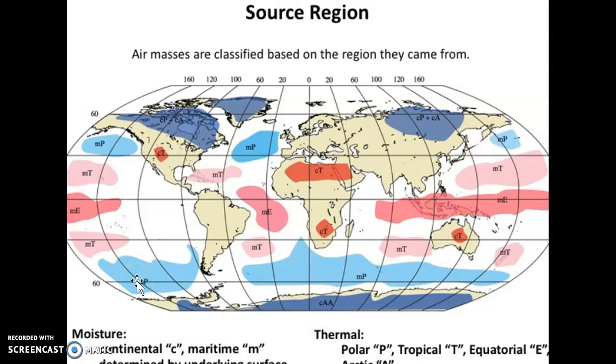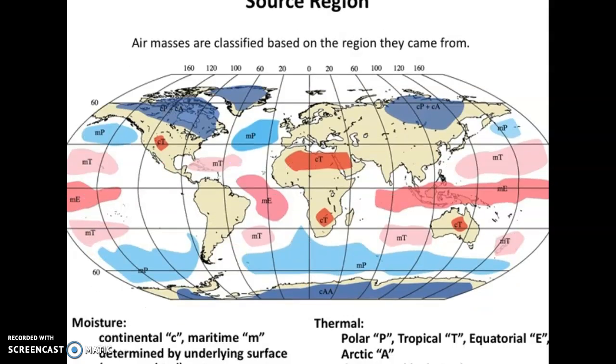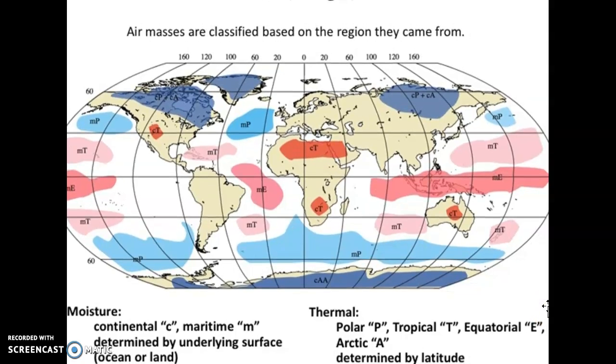So there's a lot of different types of air masses, and air masses are named using two letters. And they're going to look kind of weird because the first letter is lowercase and the second letter is a capital. So the first letter refers to where the air mass formed.